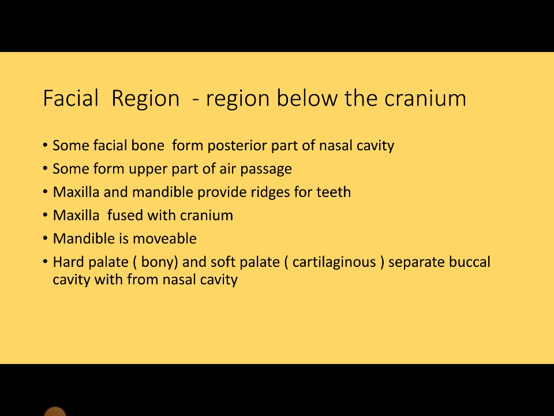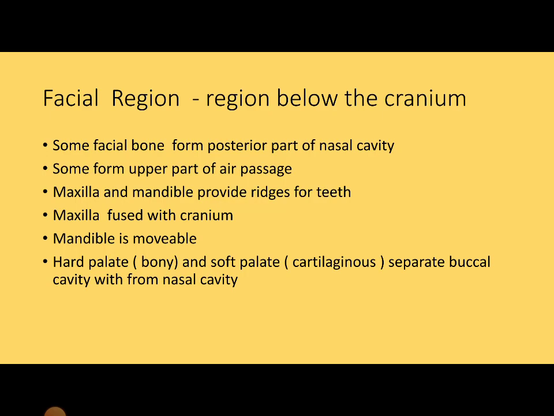Let's talk about the facial region. The facial region is the region below the cranium. Some facial bones form the posterior part of the nasal cavity, and some form the upper part of the air passage. Maxilla and mandible provide ridges for the teeth.